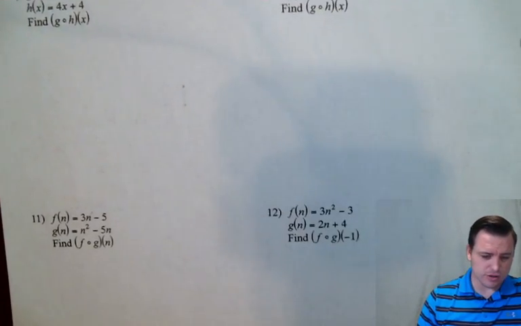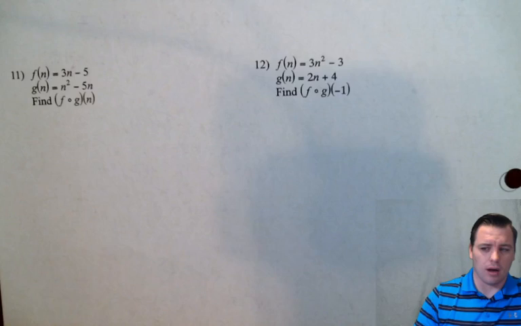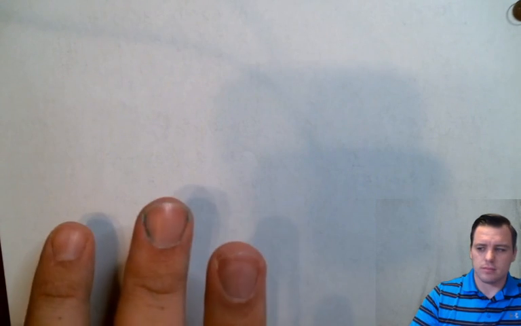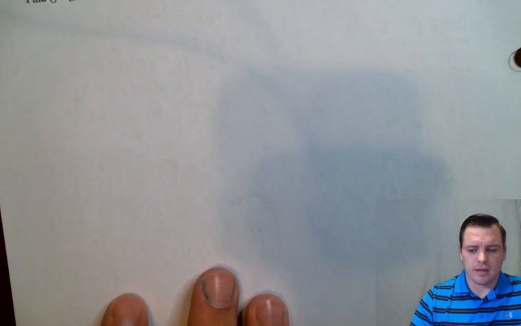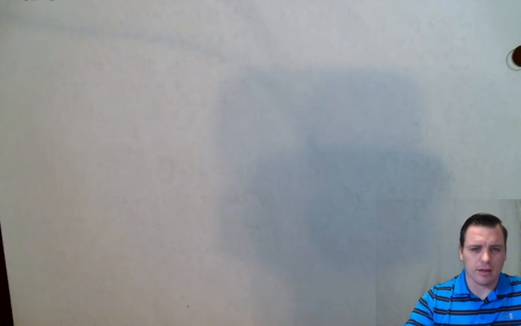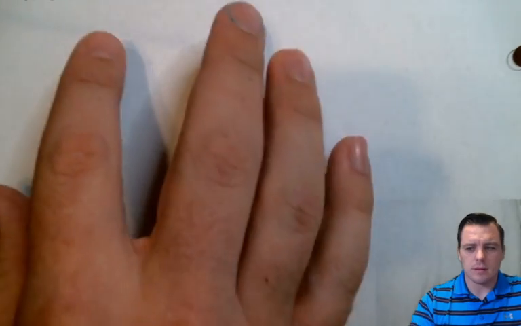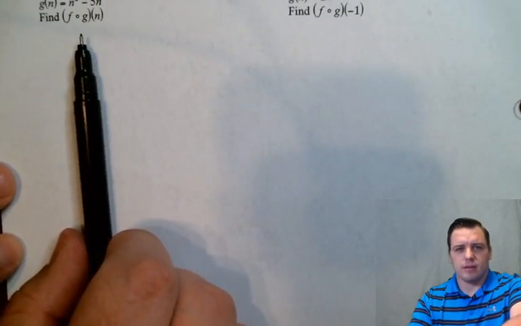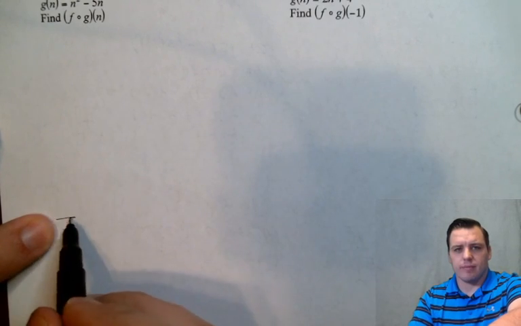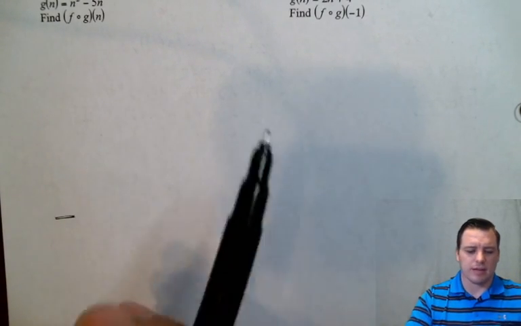So I need to scoot the paper up so I can write some notes down here. So again, here's number 11. I'm going to leave a little bit of space below that, probably around right here, just so you know the amount of space to leave.